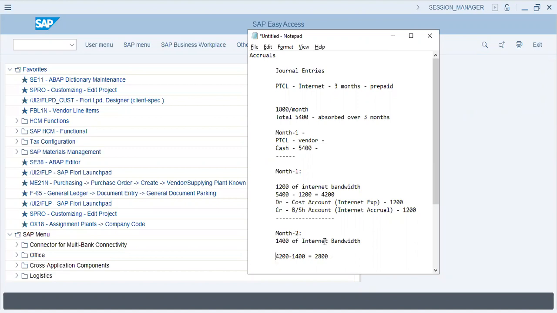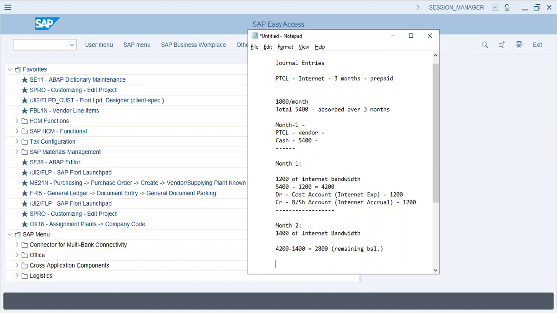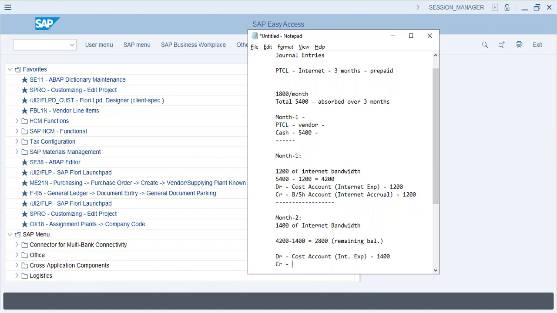For the third month. Remaining balance. Okay. Now again, debit, cost account, internet expense. This is absorbed in the very second month. Credit, balance sheet, account, internet accrual, 1400.